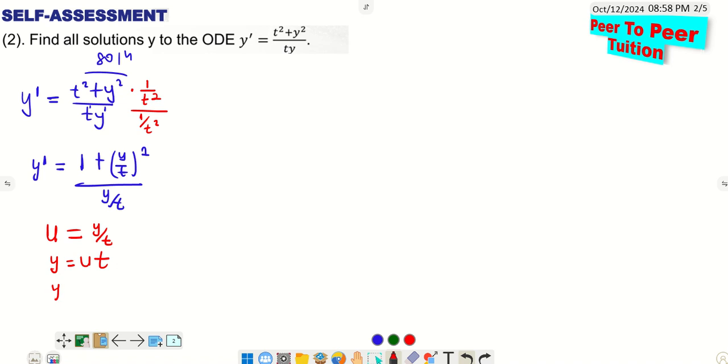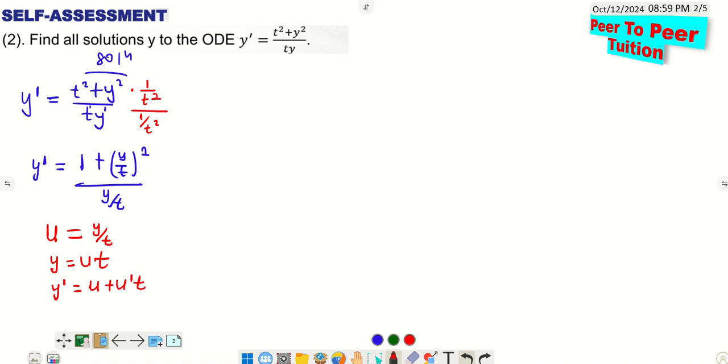Then I can find y prime. y prime is equal to, if you hold t and differentiate u, you get u prime; then hold u and differentiate t, so you get u plus u prime multiplied by t.